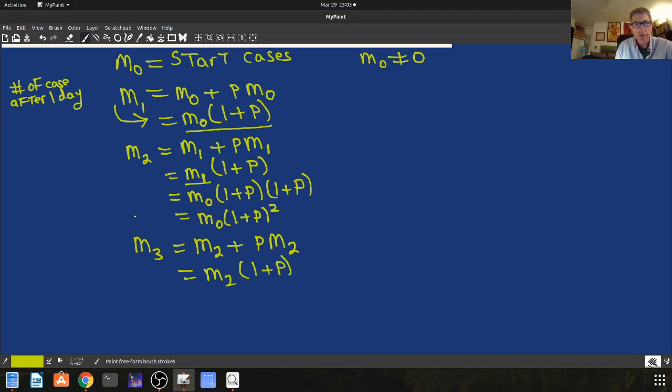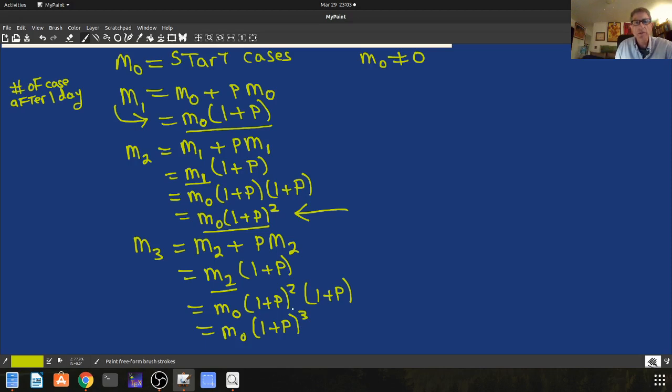But m2 is given by this formula right here, so I'm going to replace m2 with this value. So that's equal to the number of start cases times 1 plus p squared times 1 plus p, which is equal to m naught times 1 plus p cubed.